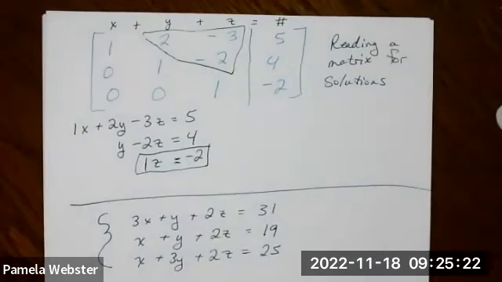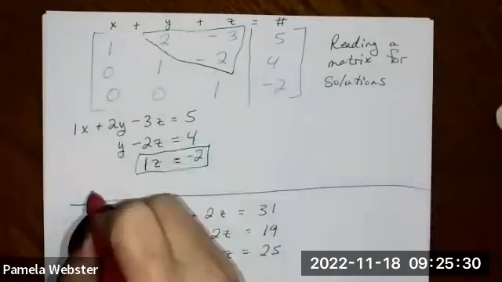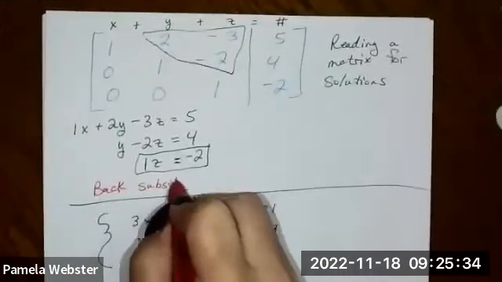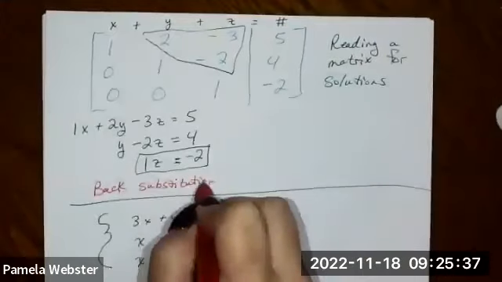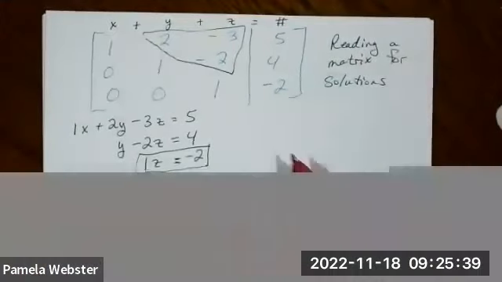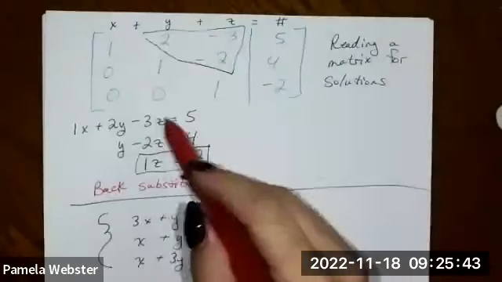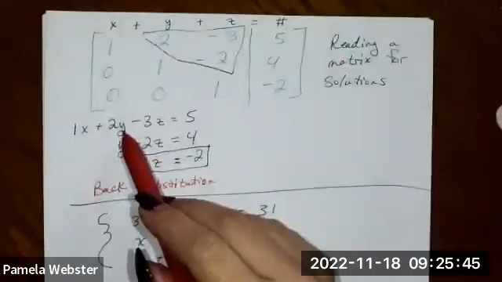So this is part of my solution. Z is -2, okay? And what I said at the end of class, when I ran out of time, like I always do, is what you're going to want to do is back substitute, right? That's what it's called, back substitution. So in other words, we want to work our way backwards and we want to substitute. So you can just go way up here and plug in for z, but we don't have a value for y yet.